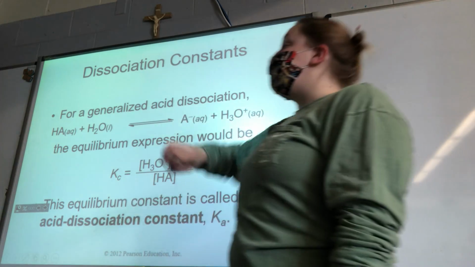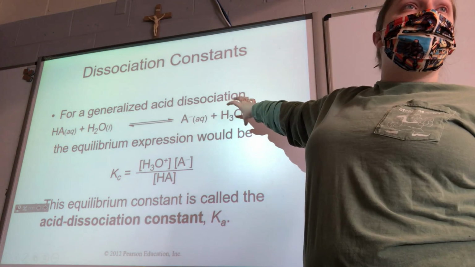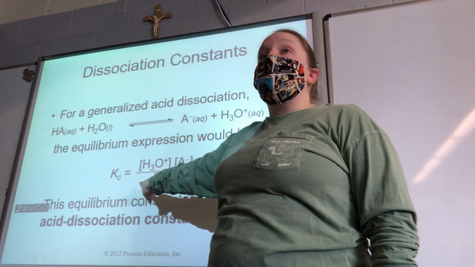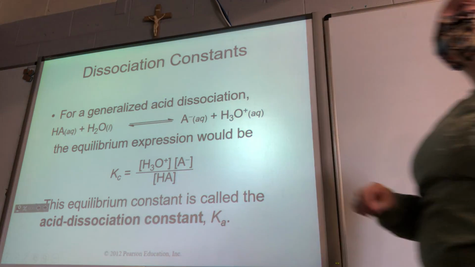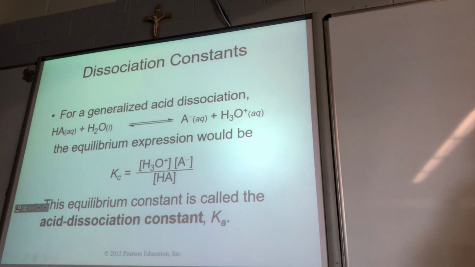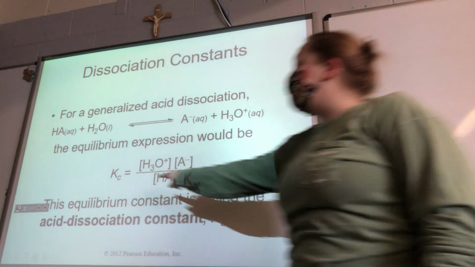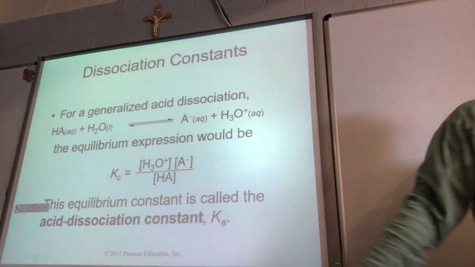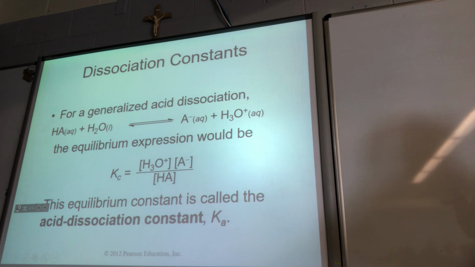Okay? Now we take this particular dissociation equation for a general acid, and we're going to plug it into a K expression. Since we're doing this for an acid specifically, instead of writing Kc, we're going to say this is a Ka. So when we were doing problems in the past, in chapter 15, you saw a lot of Keq, right?